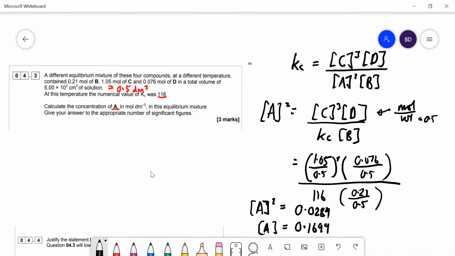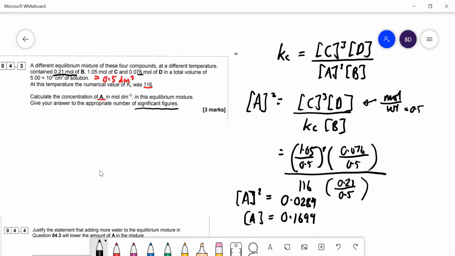Now, you should really give this to the appropriate number of significant figures. Some of the data you're only given to 2 sig figs. B there, you're only given to 2 significant figures, and D you're only given to 2 significant figures. So you should only really give your answer to the least accurate bit of data. So you should give A is equal to 0.17, and the units are mole per decimetre cubed.